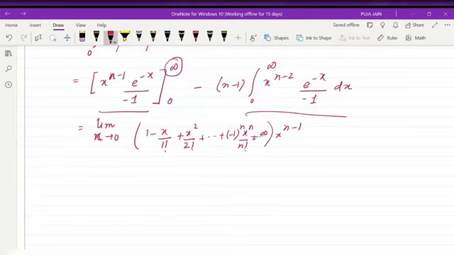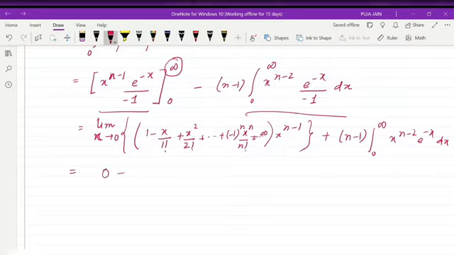And x to the power n minus 1 I have taken outside. Plus n minus 1 times the integral from 0 to infinity of x to the power n minus 2 e to the minus x dx. Now you see, as x tends to 0, we get this value as 0. So we are left with n minus 1 times the integral from 0 to infinity of x to the power n minus 2 e to the minus x dx.